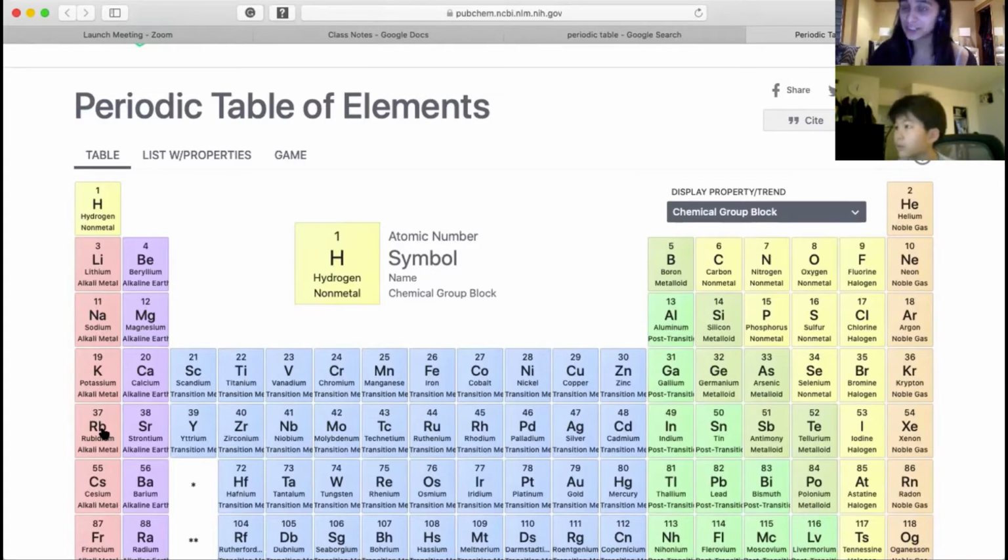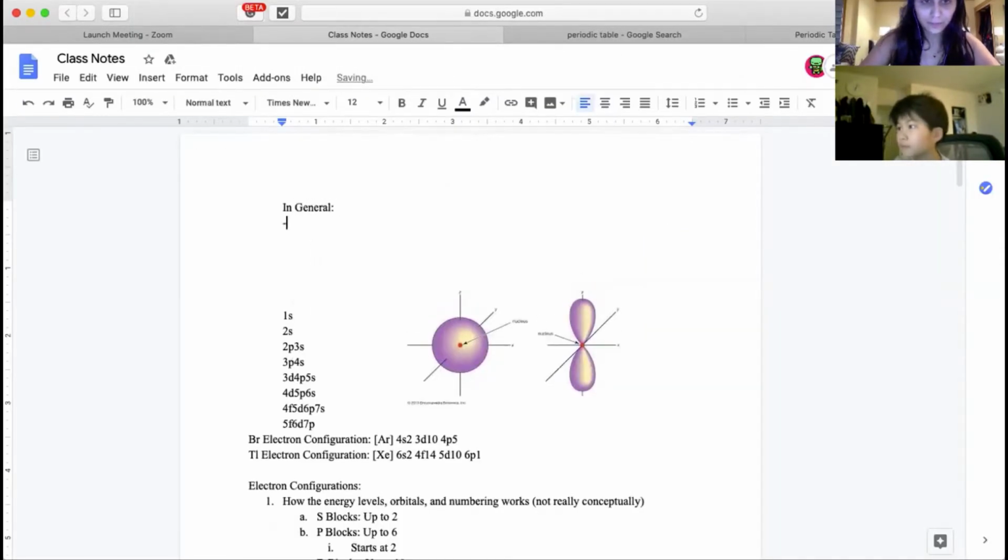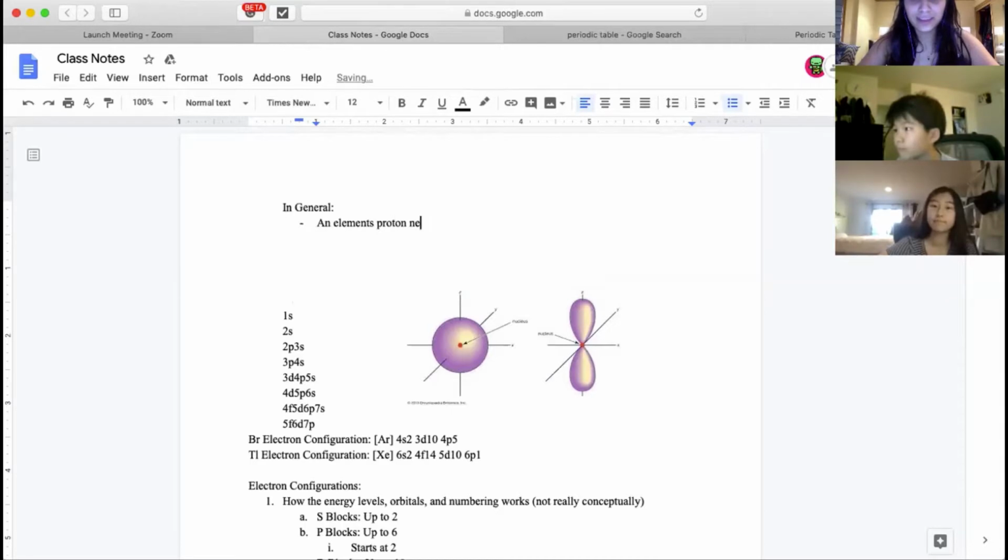The only thing that changes to make something a cation or an anion is you lose or gain an electron. An element's protons never go away. It's a characteristic of them.